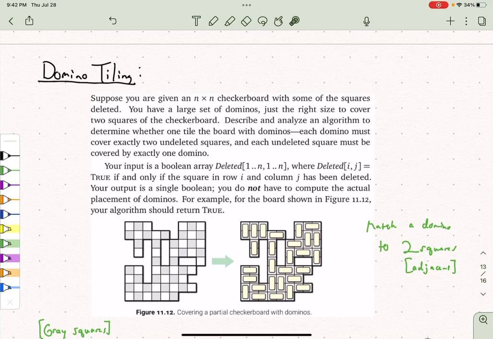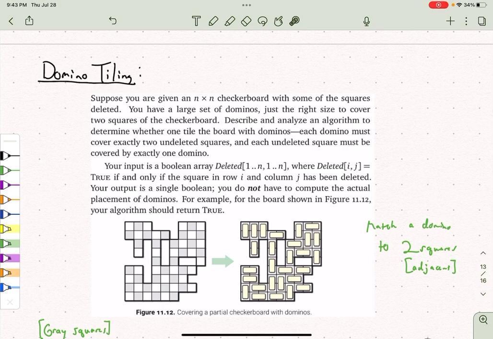In particular, we want a perfect matching so that every single domino covers two squares and every single square is covered by some domino. But it's a matching because two dominoes should not share a square. They need to be separate. And then we can also take into account which squares aren't existing in the graph. So this is the idea.